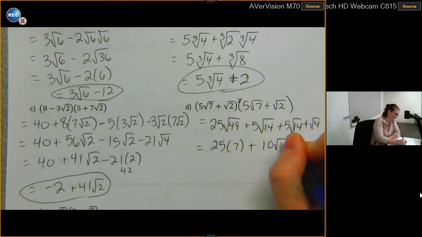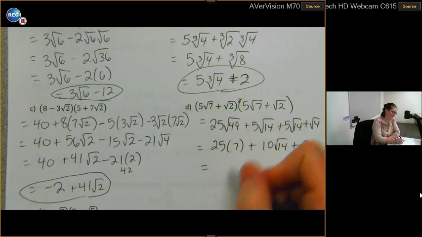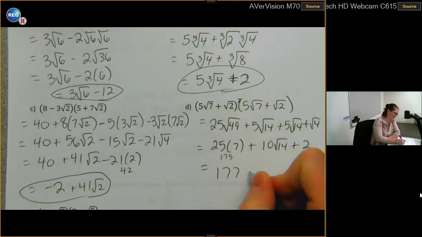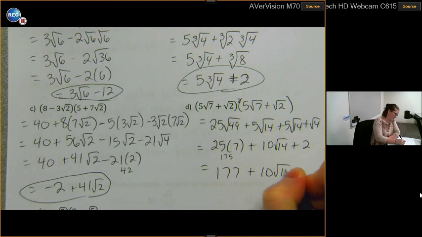Combine like terms. Solve out those perfect squares. So 25 times 7, that's 175. So plus 2 is 177, plus 10 square root of 14.